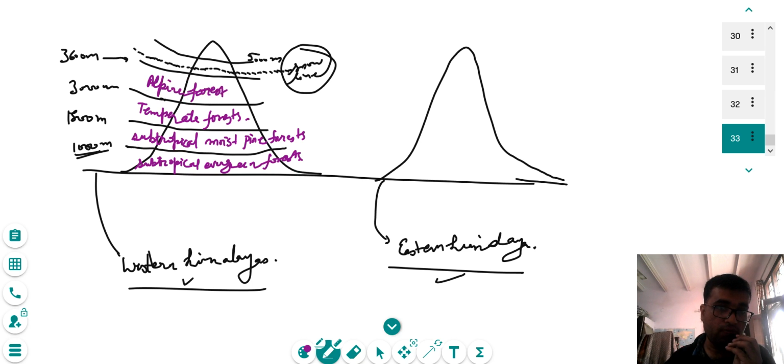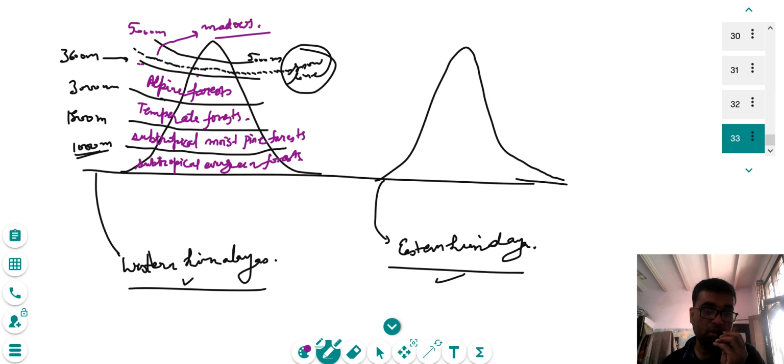And from 3600 meters to 5000 meters you have the alpine meadows. So these are the different types of forest as you move in height in the Western Himalayas.